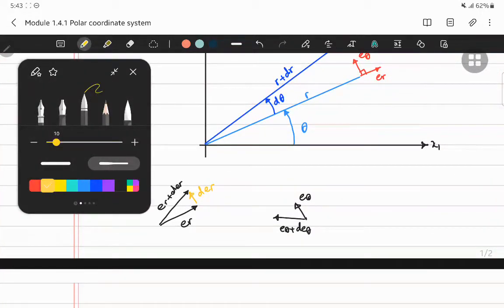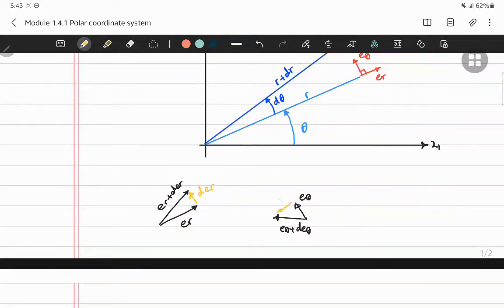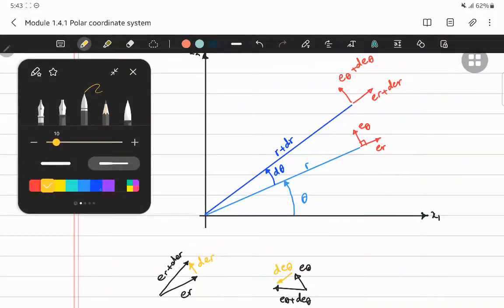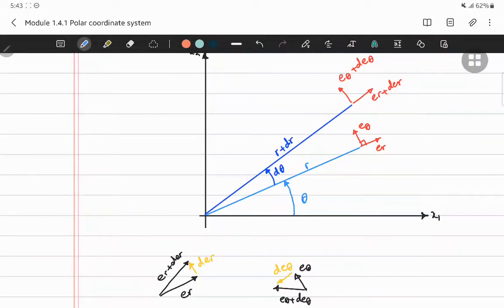So you can say that this is d e theta. So you can also get this from here. This is er, this is er plus d er, so basically this is d er.